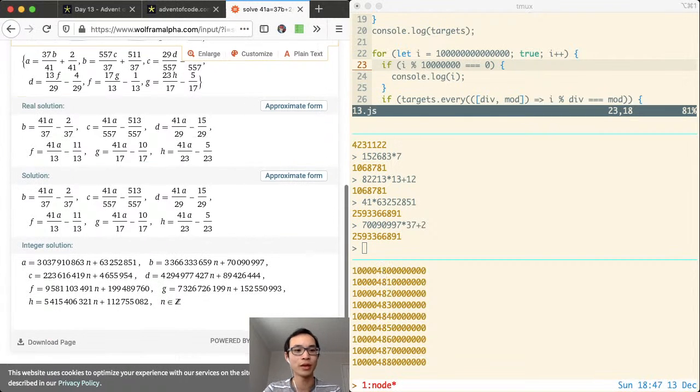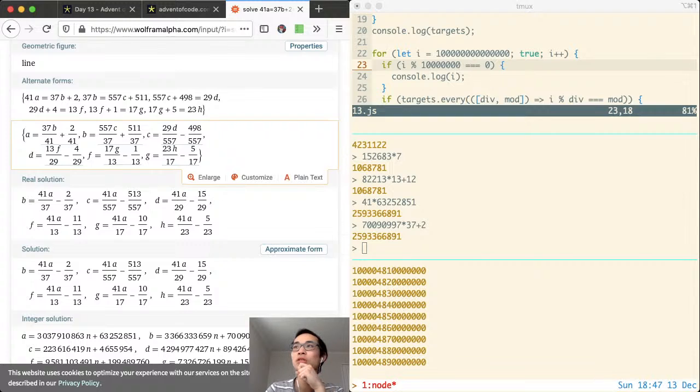At least you write everything in terms of A. But that doesn't help me solve it for integers.